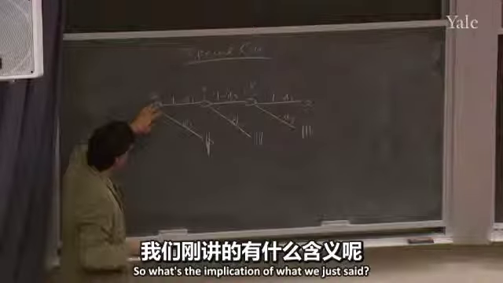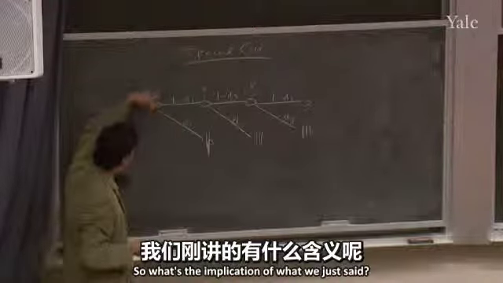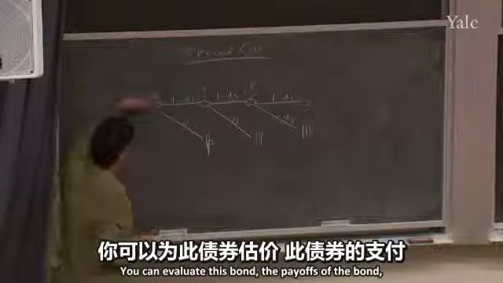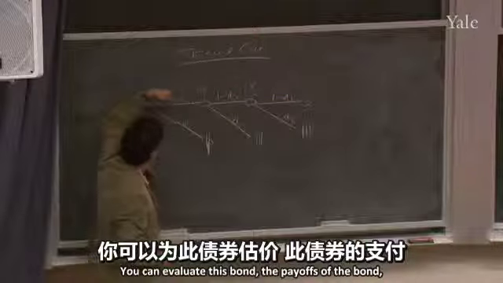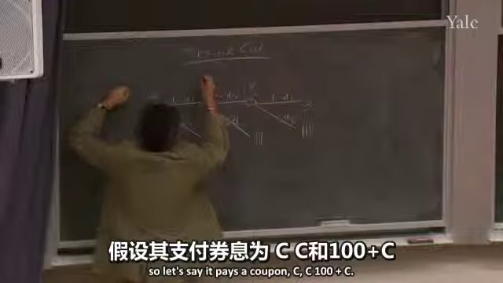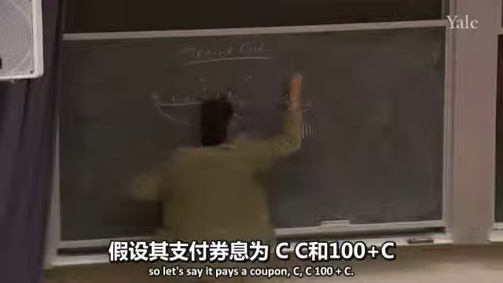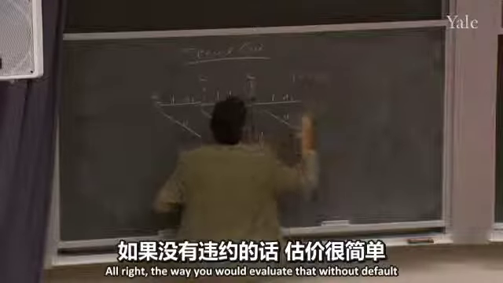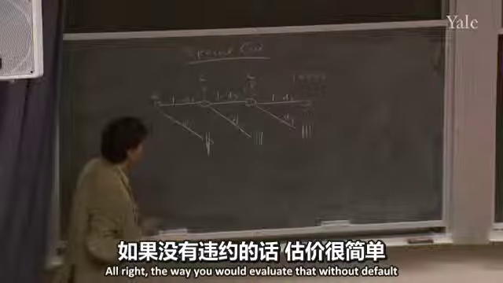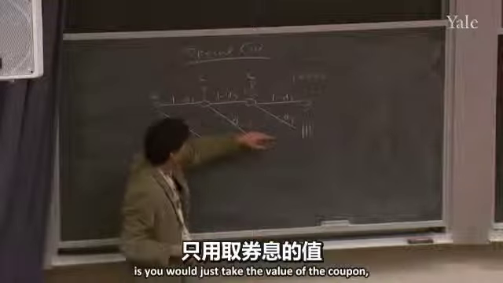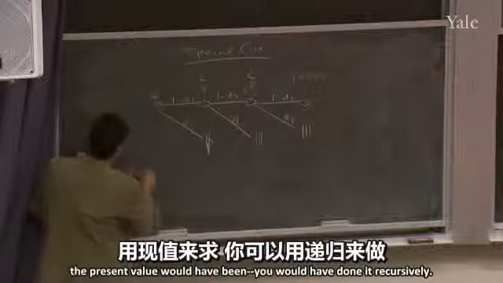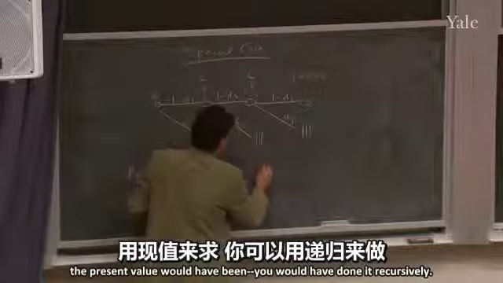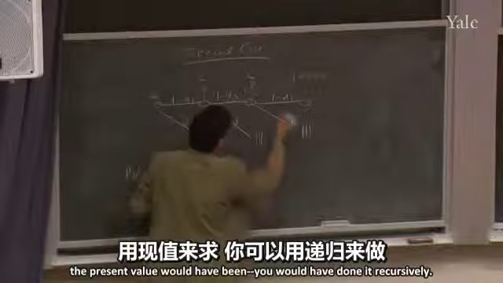Okay, so what's the implication of what we just said? You can evaluate this bond, the payoffs of the bond, so let's say it pays a coupon, C, 100 plus C. The way you would evaluate that without default is you would have done it recursively.